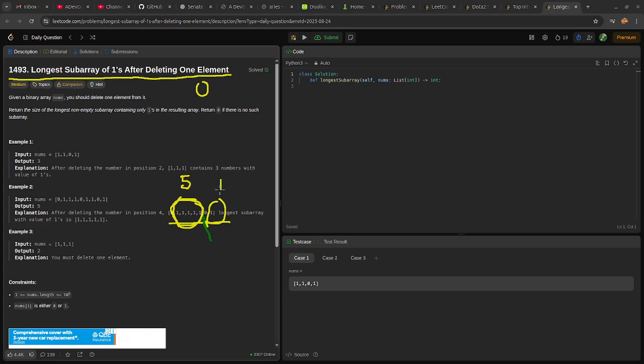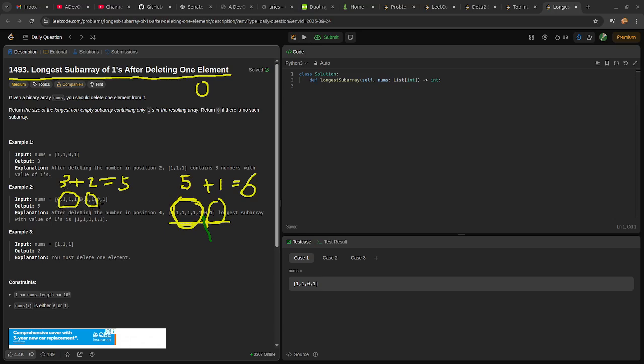So that could be 6. And in this case, 3 plus 2, which is 5. So when we meet a 0, we count the length of the subarray before it, which is 3.